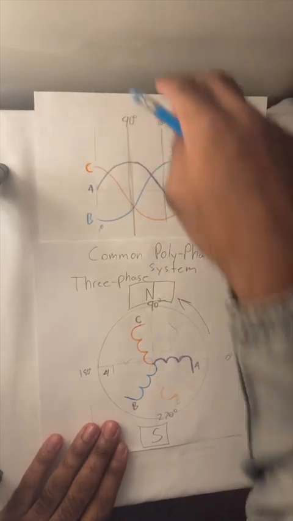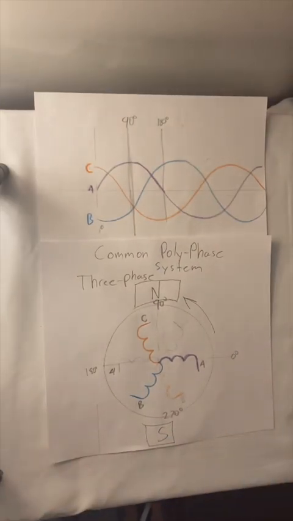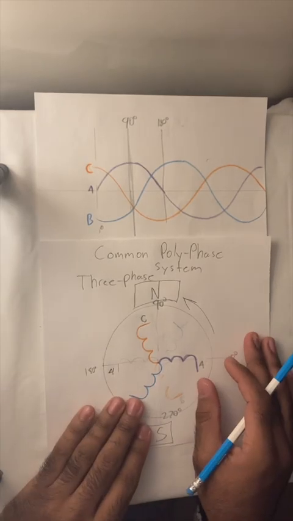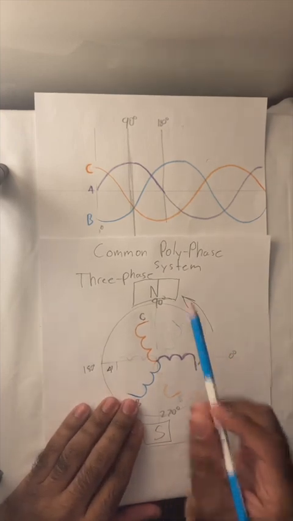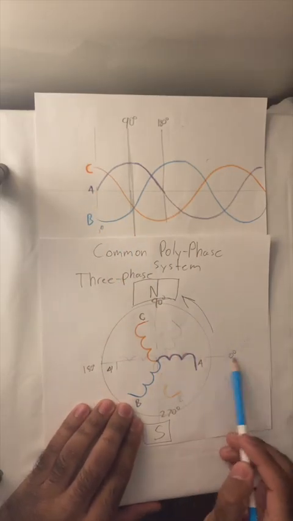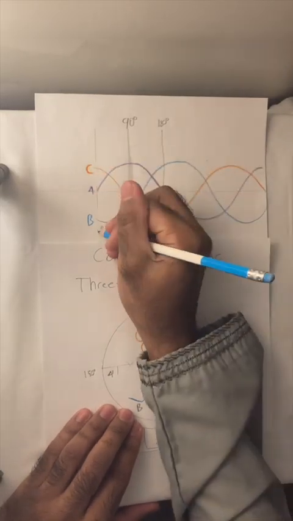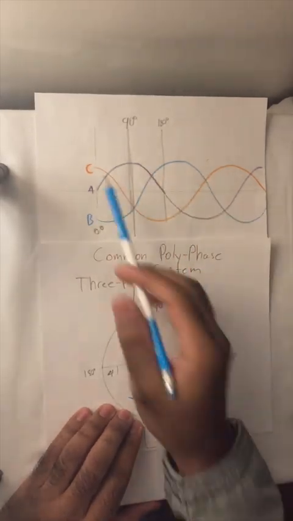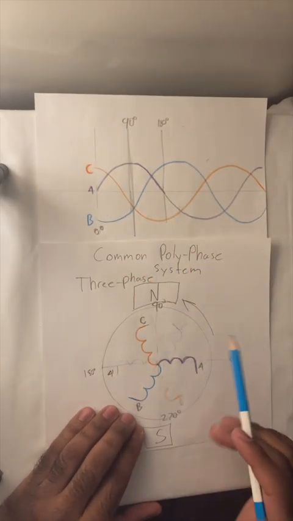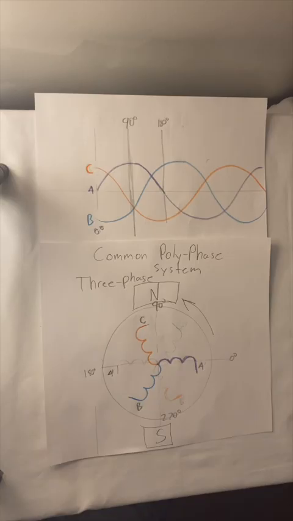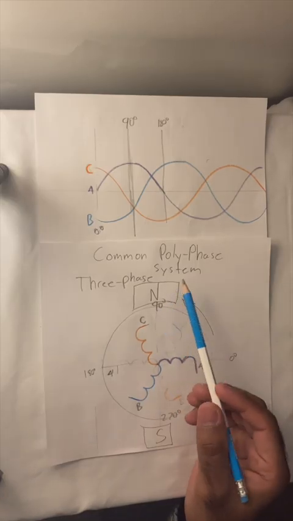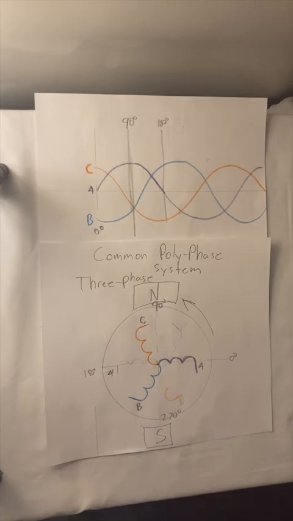Following the same logic that we used for the previous voltages in the single phase system and the two-phase system, we see that A corresponds to A. So at the instance of 0 degrees, which is the instance here, A has 0 voltage, C is at its positive value, slightly less than its maximum, and B is at its negative value, slightly less than its negative maximum.